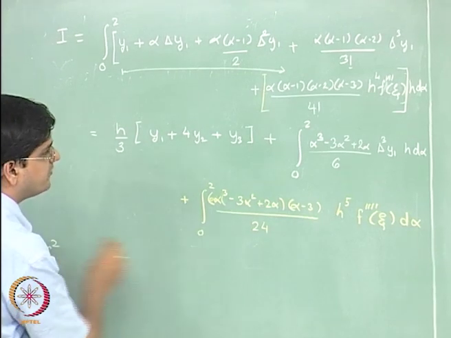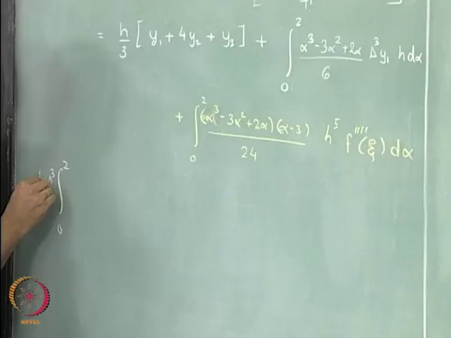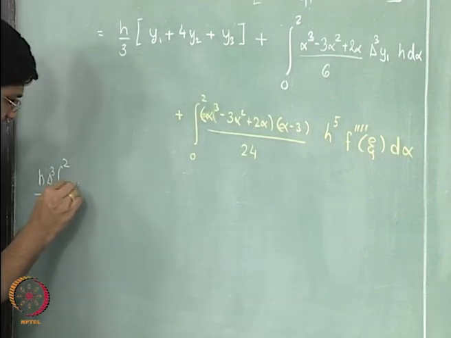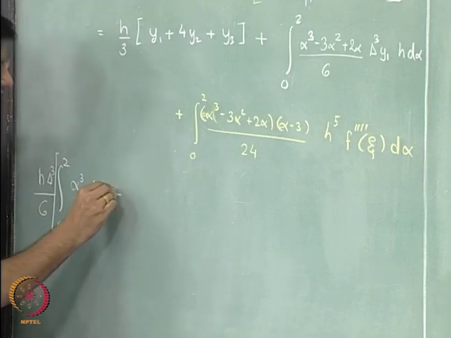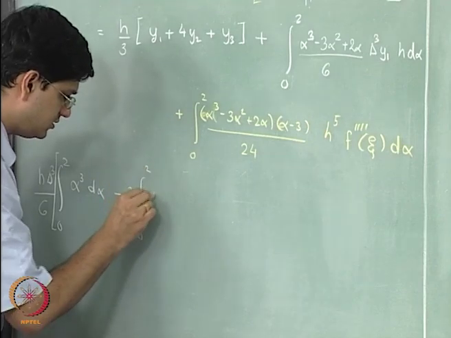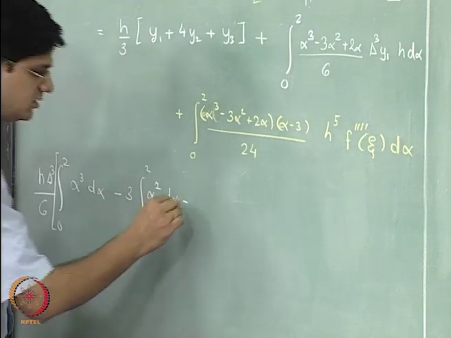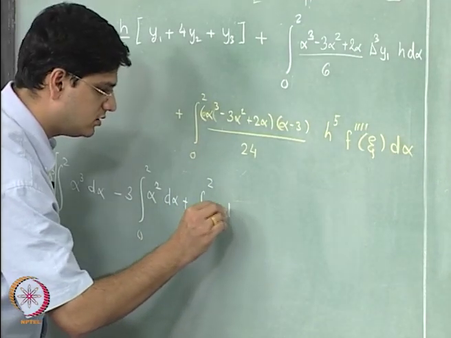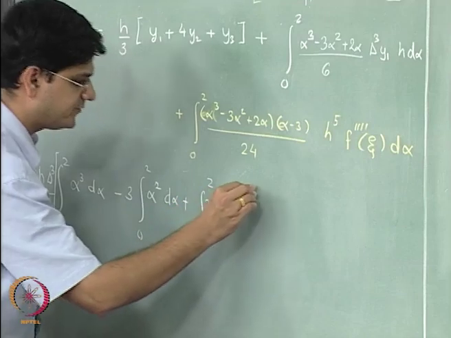Outside the integral sign we will have h delta cubed by 6, and inside the integral it is going to be alpha cubed d alpha minus 3 times the integral of alpha squared d alpha plus the integral from 0 to 2 of 2 alpha d alpha, sorry.